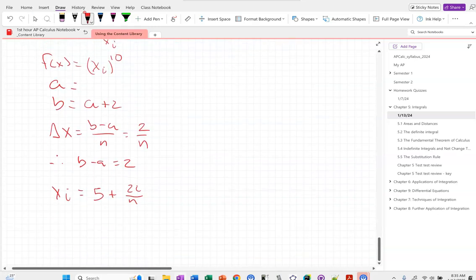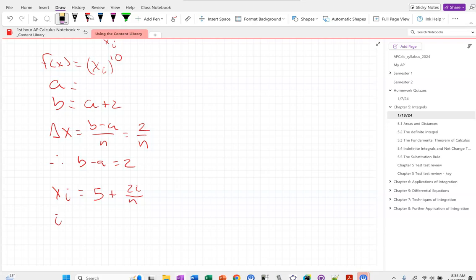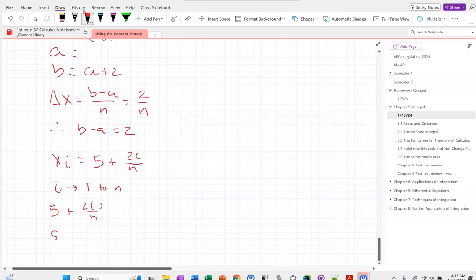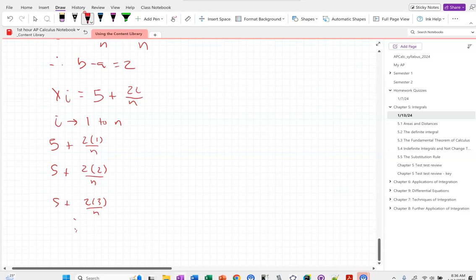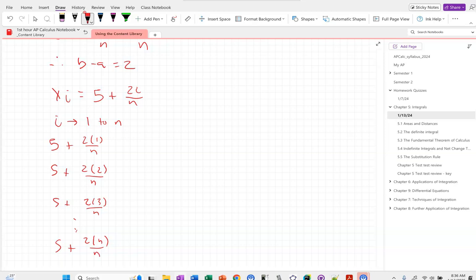So as i goes from 1 to n, I'd have 5 plus 2 over n, and then 5 plus 2 times 2 over n, and then 5 plus 3 times 2 over n, all the way down to this, right? Does that make sense to you guys?